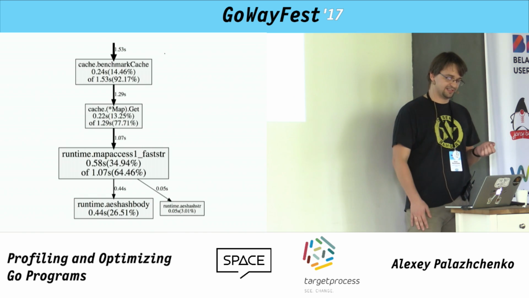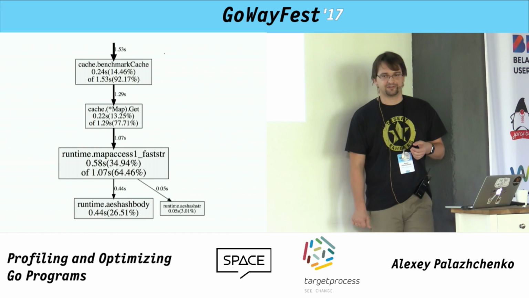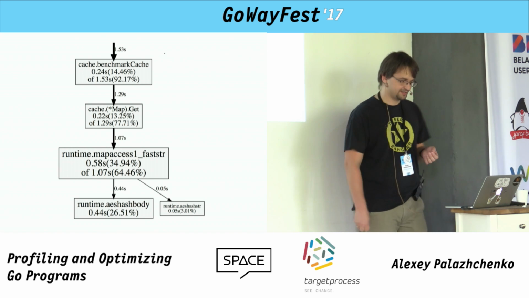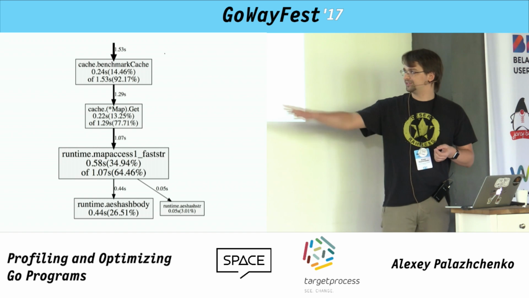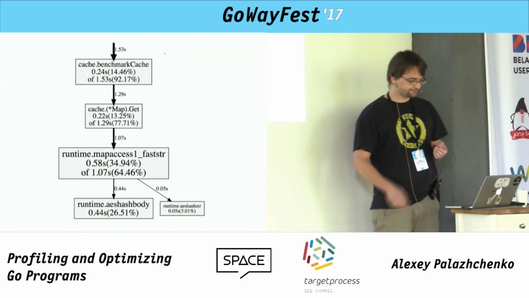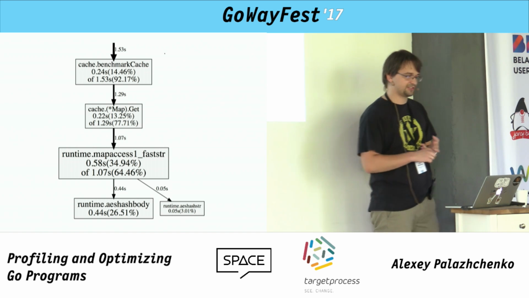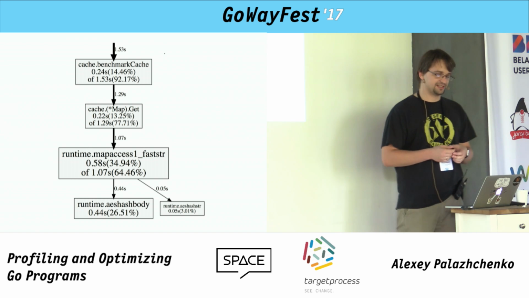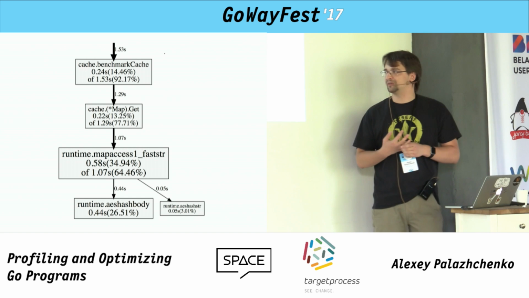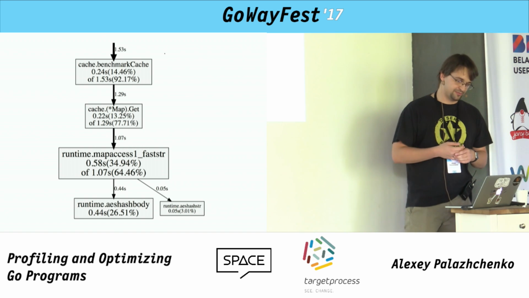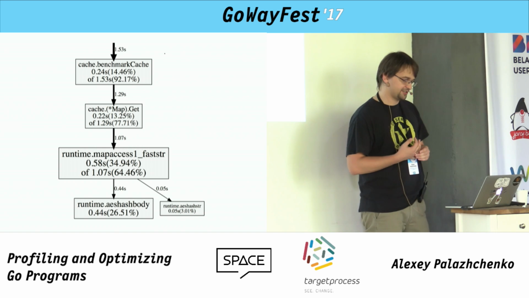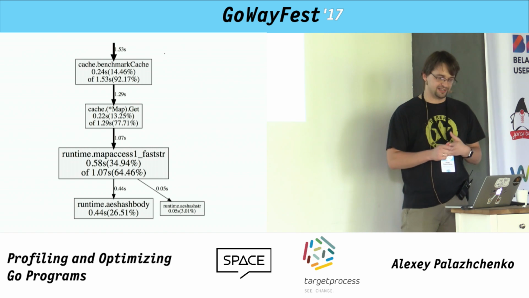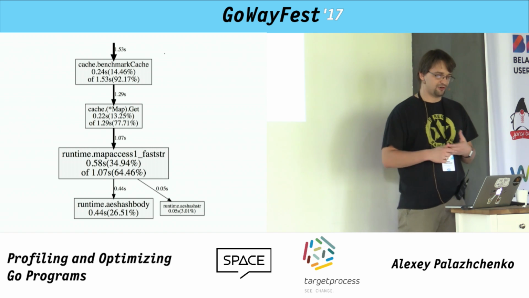So when we replace that function with a map-based version, you will see that it uses some runtime functions. Two at the bottom are AES encryption functions, and they're very fast because they're basically implemented as a single assembler command, so they can't be optimized anymore. And also the mapaccess fast str function is optimized for the string case of map. It's an optimized version for map in the runtime.